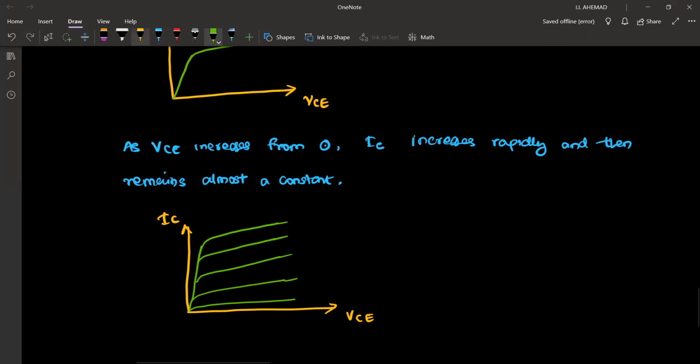This value is for IB equal to 0. Then in this direction it increases. Let's say this is IB equal to 10 microamperes. This is 20 microamperes, and so on. It increases.